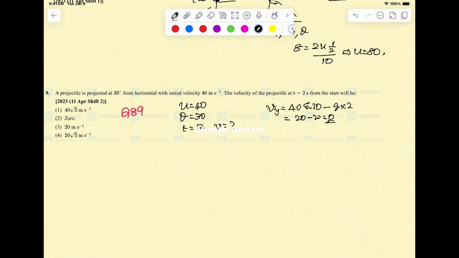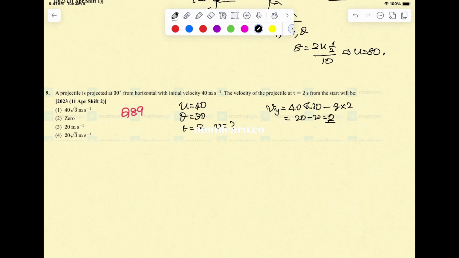That means the vertical component becomes 0, which means at t equal to 2, which is half the time of flight, it reaches the topmost position. Obvious, because u equal to 40 means u sine theta is 20, so the vertical component becomes 0 at t equal to 2.